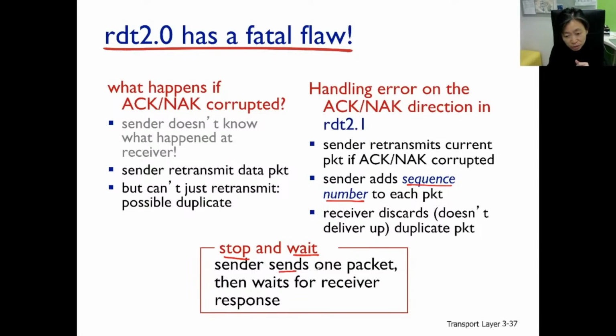So you see, if the receiver, during the stop and wait state, receives two packets carrying the same sequence number, then that must be a duplicate due to a corrupted ACK, isn't it? So the sequence number in such a form of reliable data transfer is very simple. It needs only one bit, two numbers, 0 and 1, to tell a duplicate apart from a new packet.